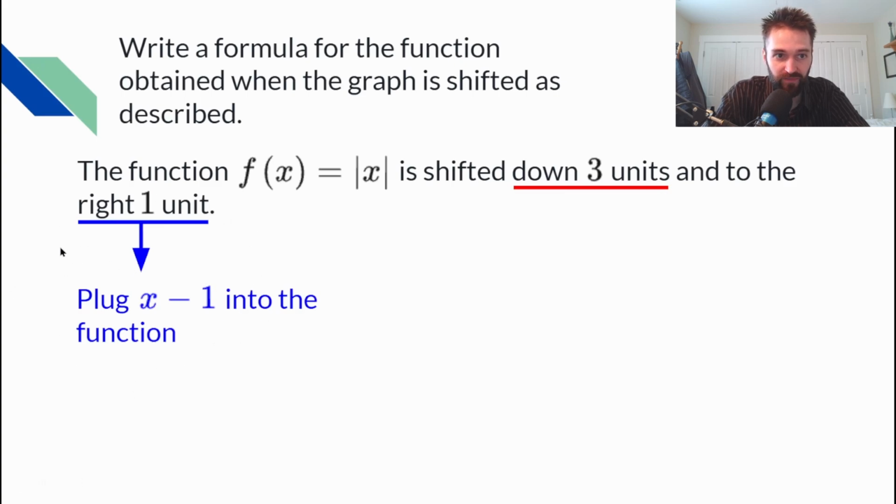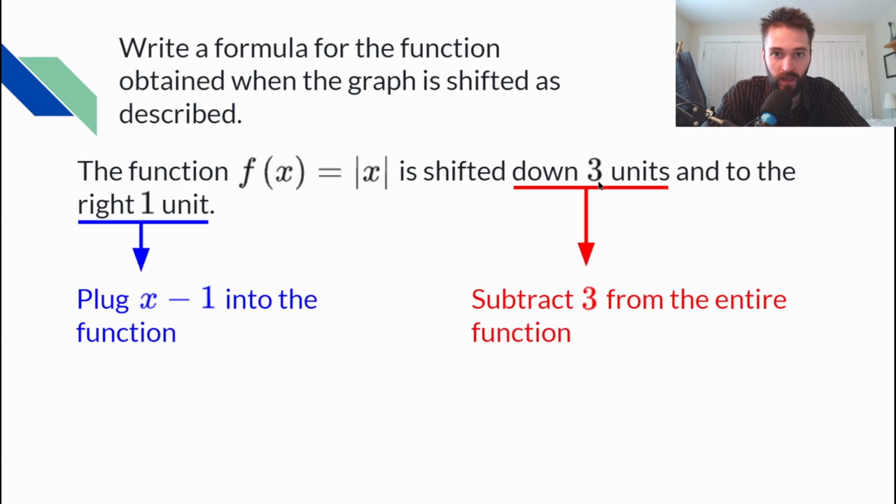When we shift something to the right 1 unit, that's what happens when we plug x minus 1 into the function. And when we shift down 3 units, that's what happens when we subtract 3 from the entire thing. So we need to incorporate both of these transformations into one function formula.